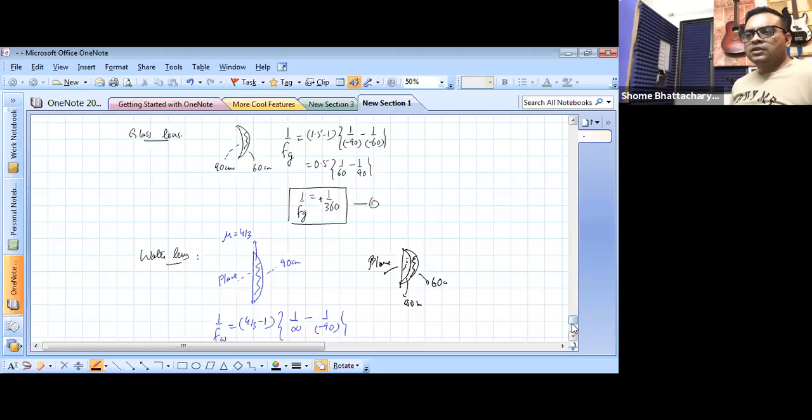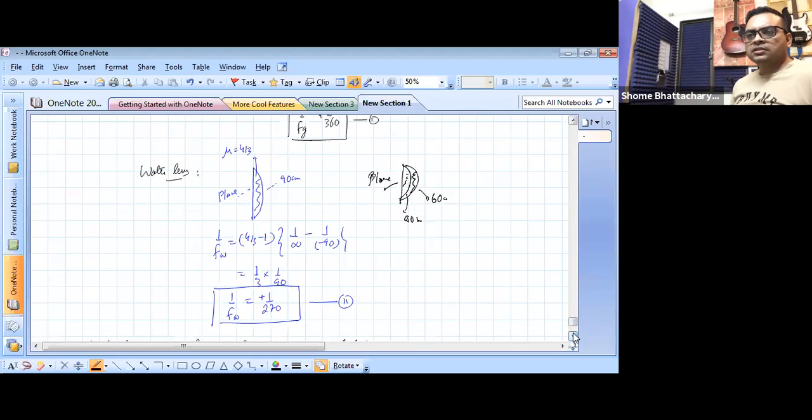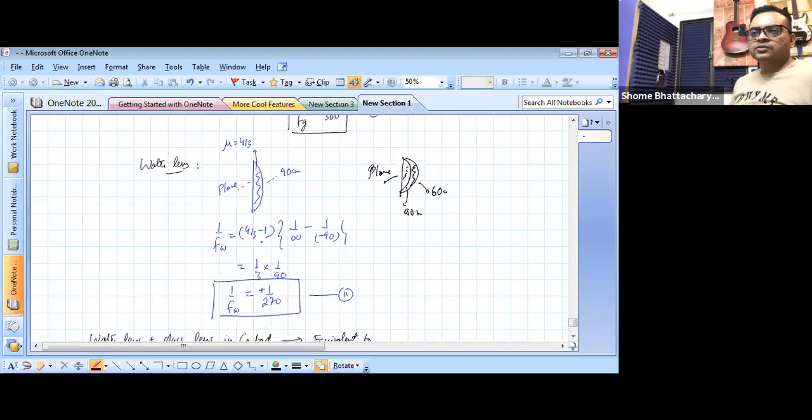Yes, that's fine, take the same thing, what difference does it make? So you get the same thing, no? So 1.33 minus 1 here will give you 0.33 into 1 by 90. So 0.33 is 1 by 3 only. Okay, 4 by 3 and 1.33 are one and the same thing. Only 1.33 is an approximate value of 4 by 3, because it's a recurring non-terminating decimal.